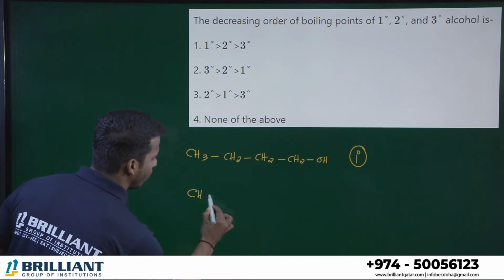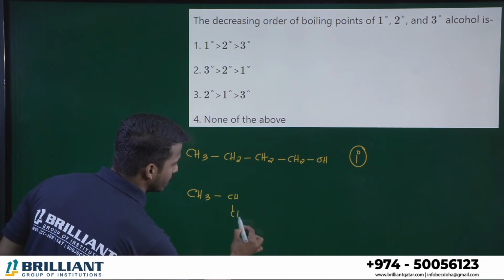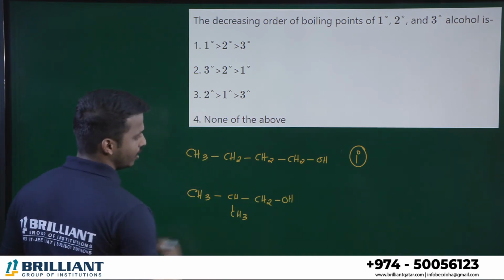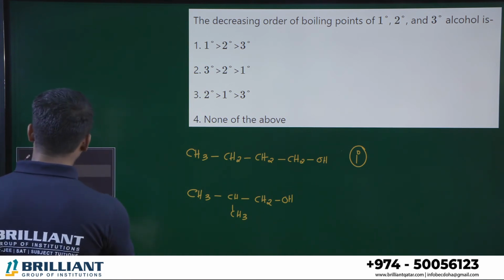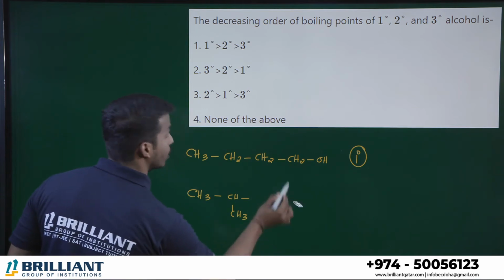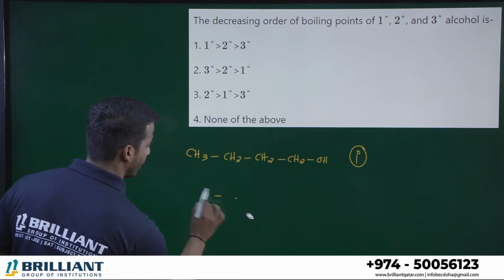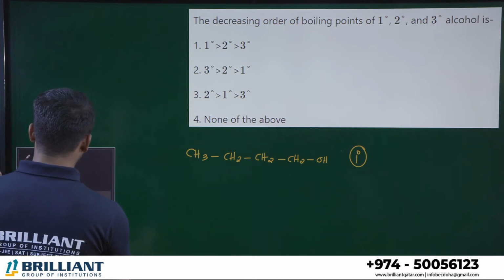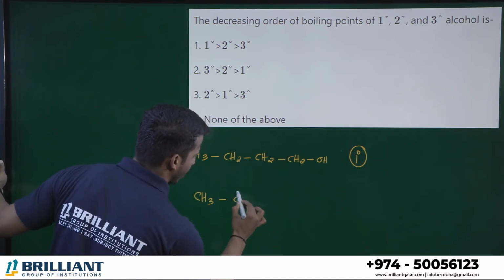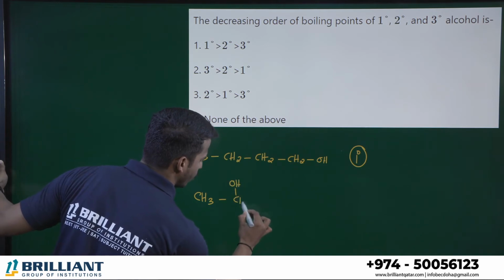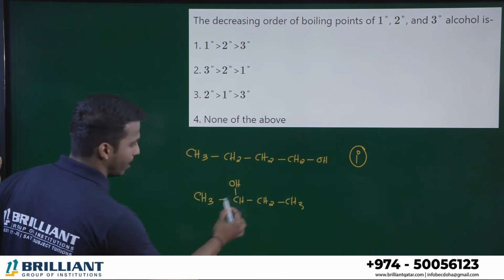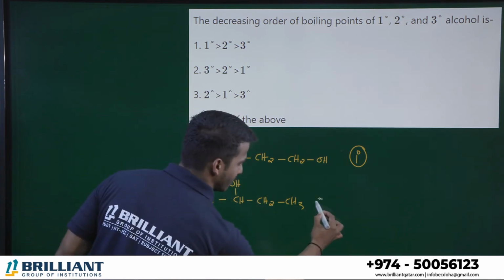Let me take the same molecular formula, and with the same molecular formula, let me take another alcohol. This is again primary. So let me make it secondary, because the question is primary, secondary and tertiary. So we need a secondary alcohol. A secondary alcohol means the OH group connected carbon should be connected to 2 carbons. Yes, it is secondary.